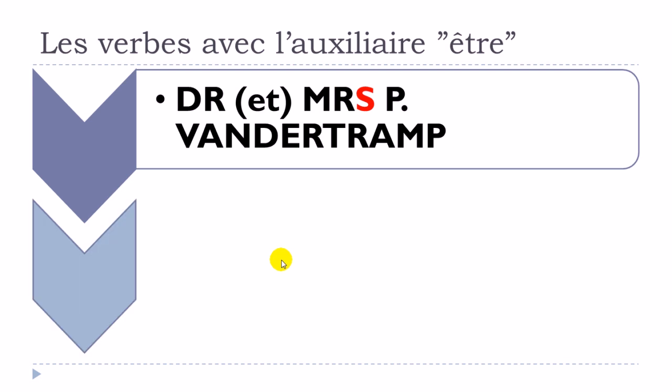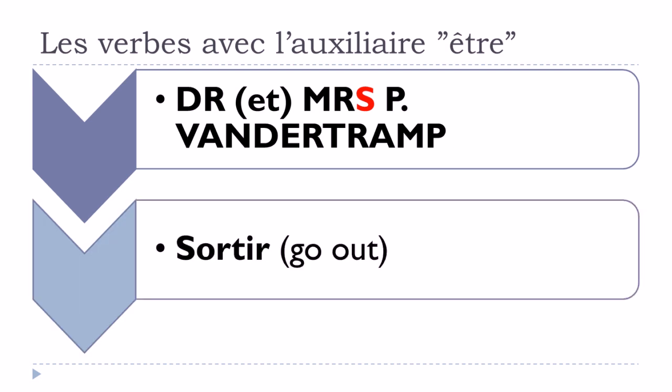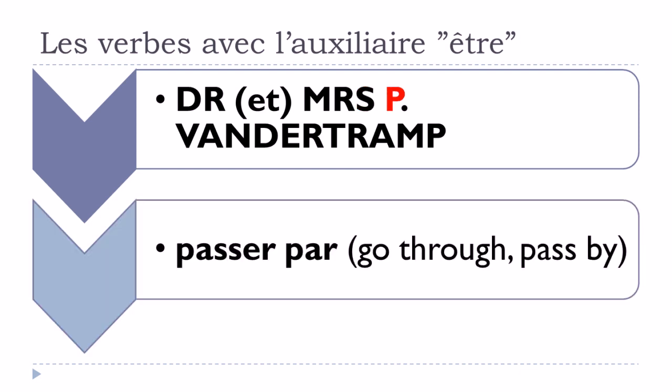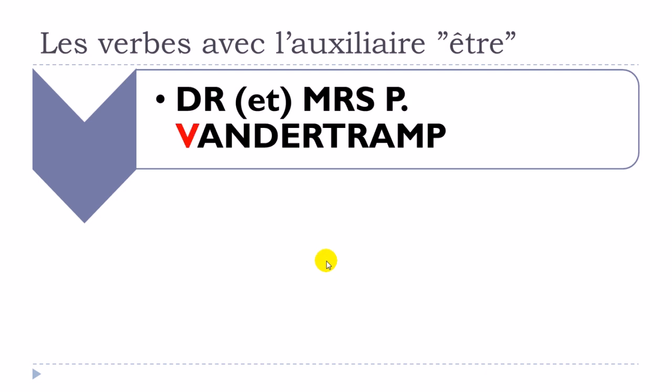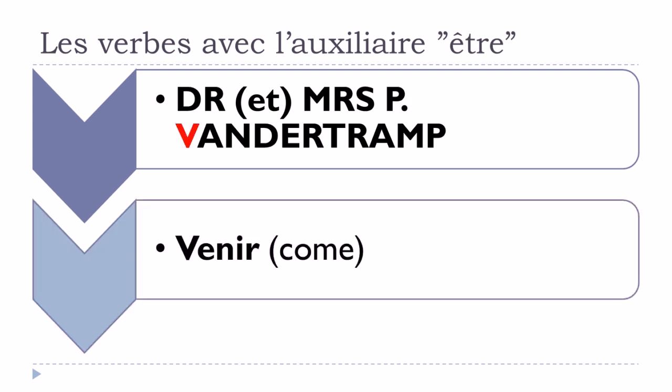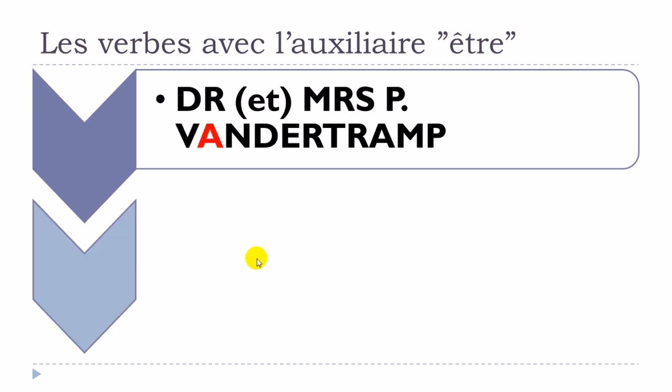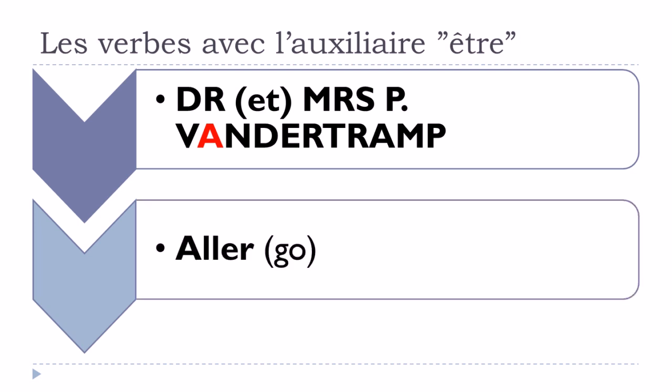Then we'll have S, and it will be for sortir. P: passer par. Then V: venir. After that you will have A, and A is for aller.